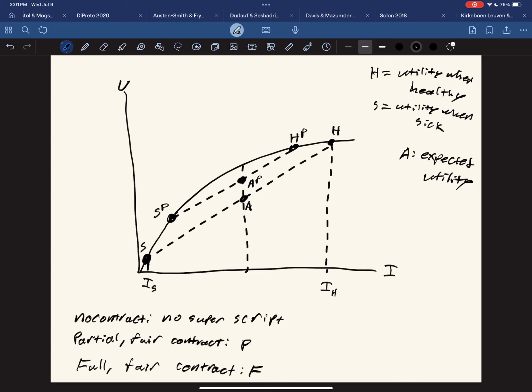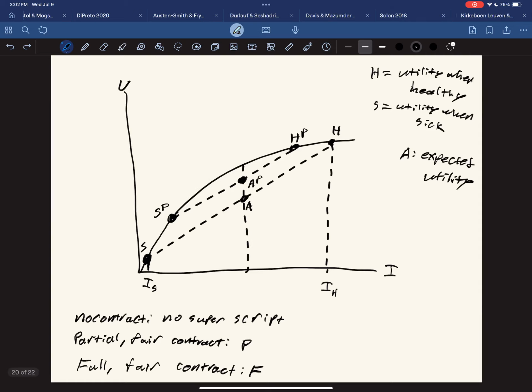Notice what's going on with the partial contract: my utility when I'm sick goes up, but my utility when I'm healthy goes down. That's because I'm paying a premium even when I'm healthy, so my utility drops when I'm healthy. But as a result of my utility going up when I'm sick, that increases my expected utility overall.